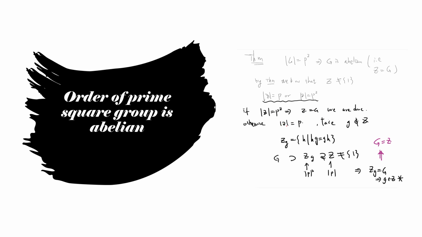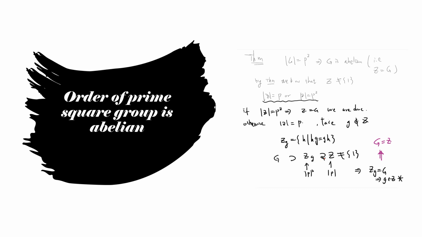Otherwise, if Z has order p, let's take some g which is not in the center, and let me investigate Z(g), right? But you see, if Z has order p, then Z(g) is a non-trivial larger group, covering Z, because Z commutes with everything, right? Z(g) only cares about the elements which commute with g.